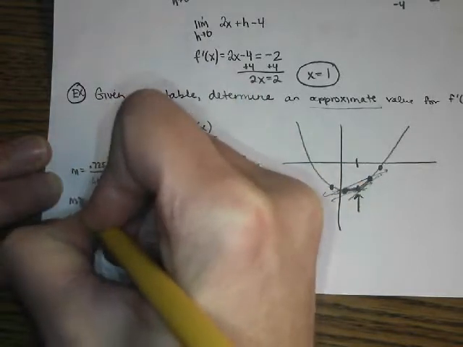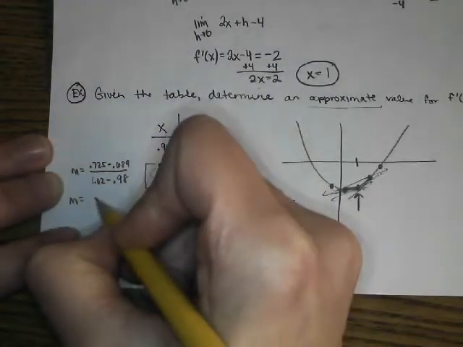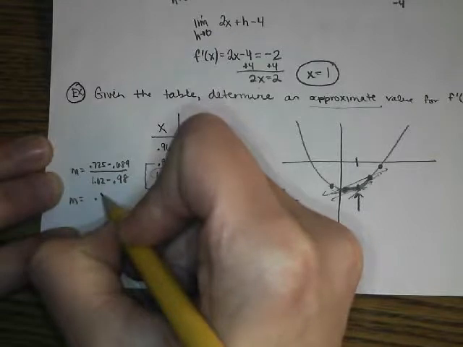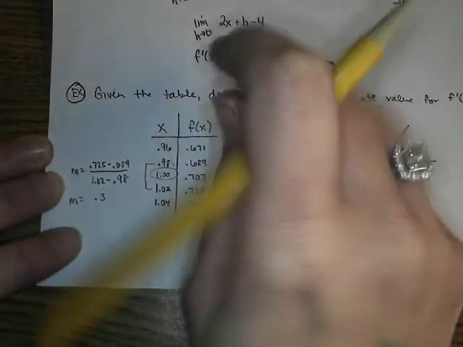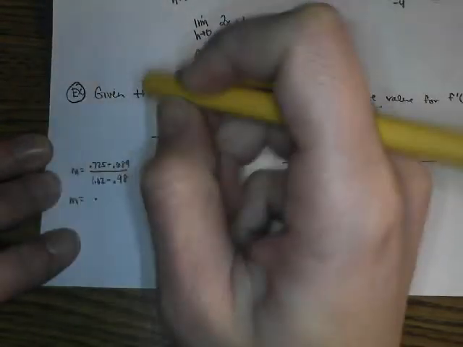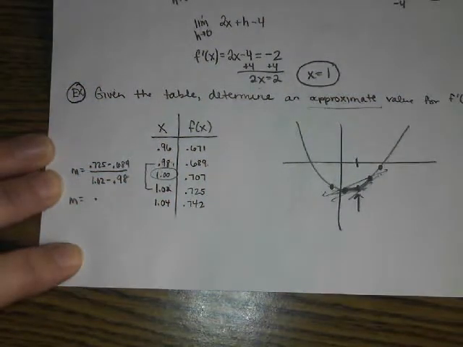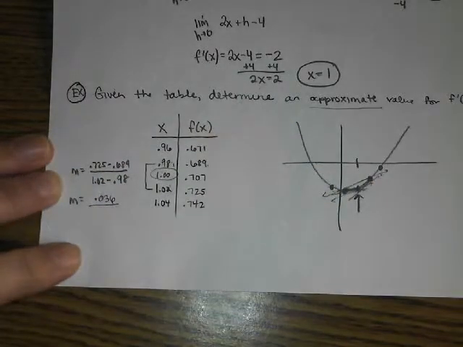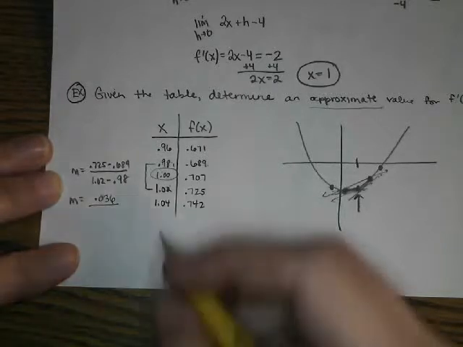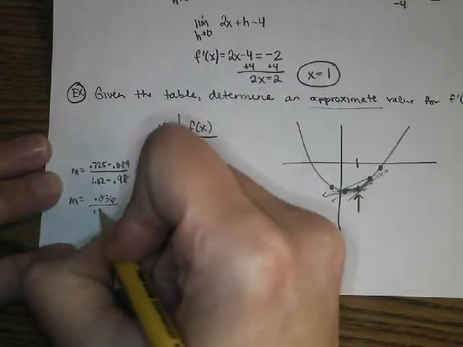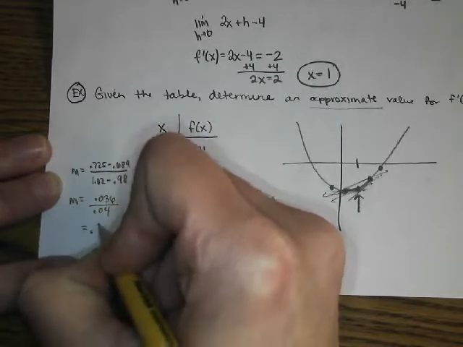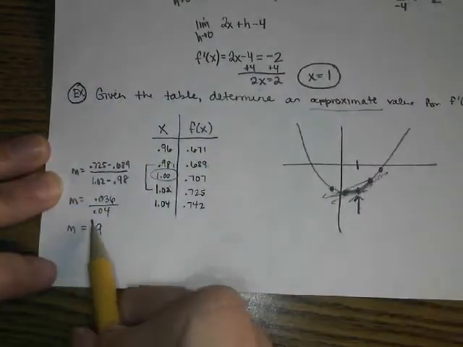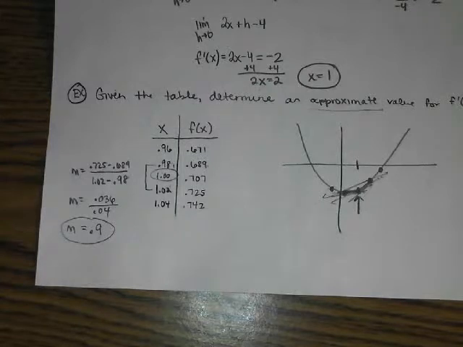Which is going to give me 0.036 divided by 0.04, which is 0.9. And that's probably not exact, but it's a good estimate. Okay?